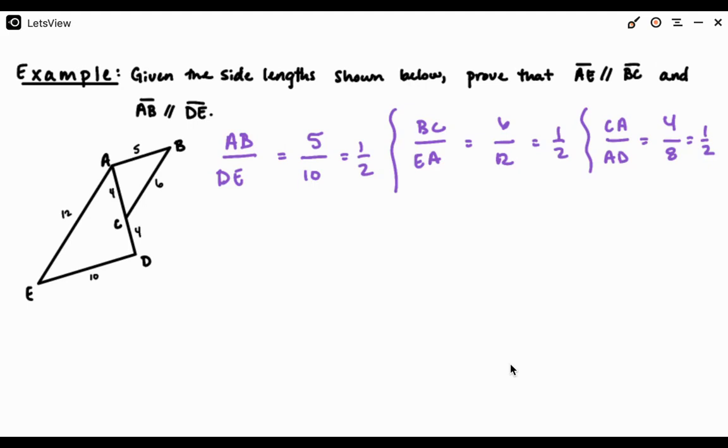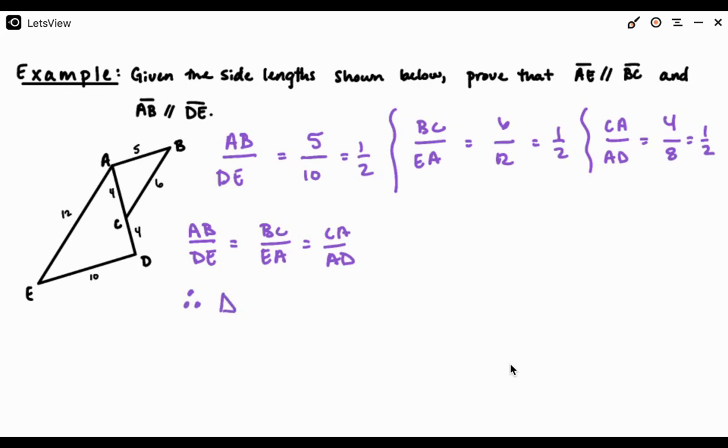So we know that our ratios of corresponding lengths are all equal. So we have AB over DE equals BC over EA equals CA over AD. Therefore, we can conclude that our triangles are similar.